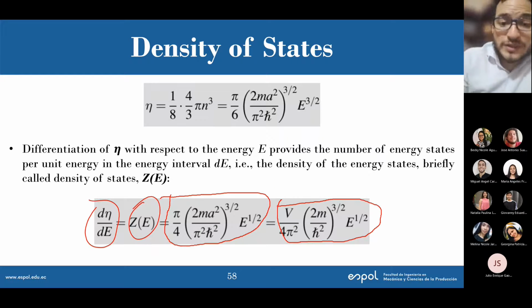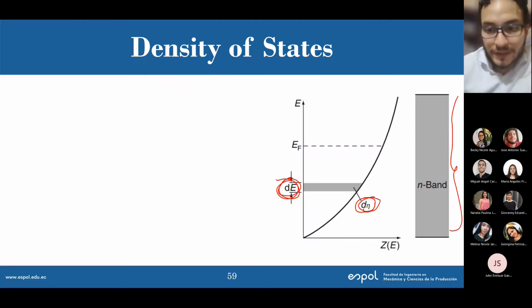If you see this function, this is a parabola, right? Because I have E and I have E to the half. So that's why you see a parabola. It makes sense, okay? And now you can see something interesting. At the lower end of the valence band, or the M band, as you want to call it, what's happening?